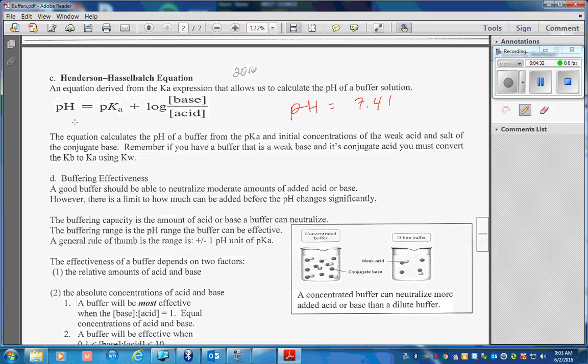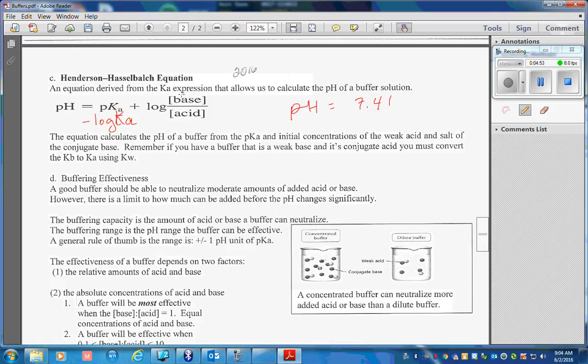You calculate the pH of a buffer using a derivation of the Henderson-Hasselbalch equation. The pH of your buffer is equal to the pKa. Remember, pKa is the negative log of the Ka of an acid.